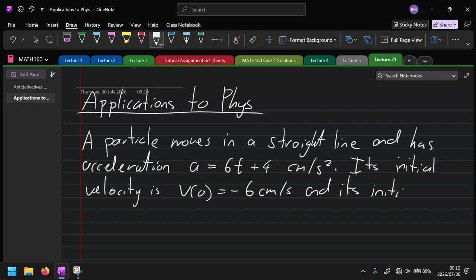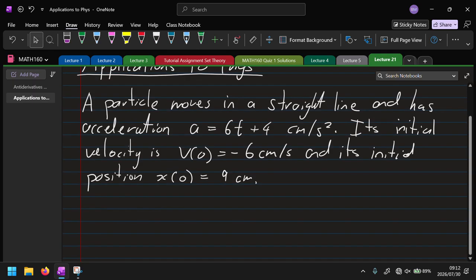And its initial position, again at t equals 0, will be 9 centimeters. Okay, so that's the setup for the problem.